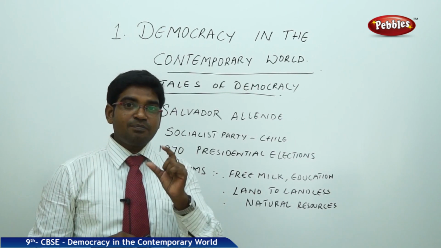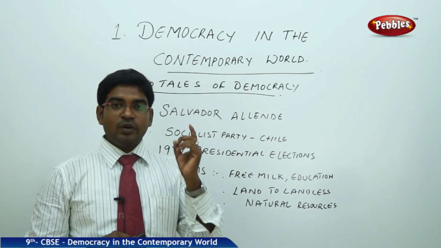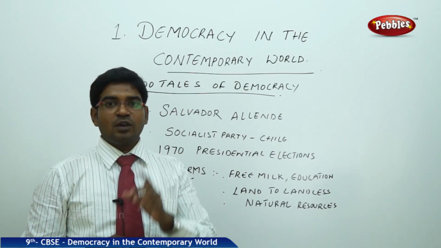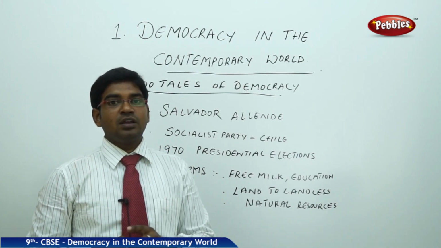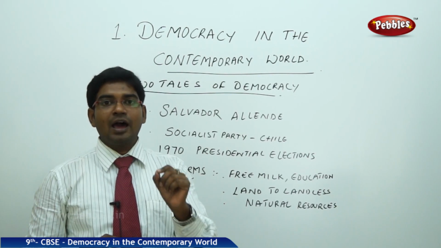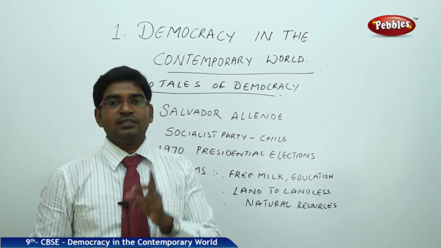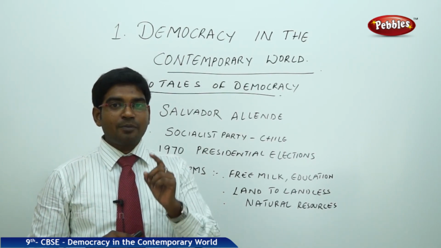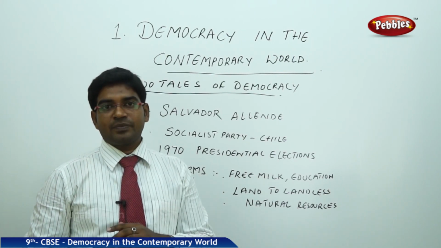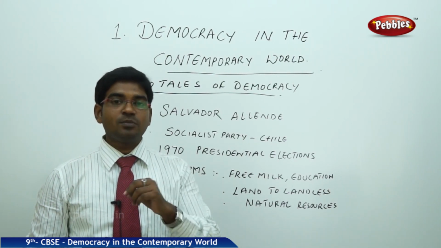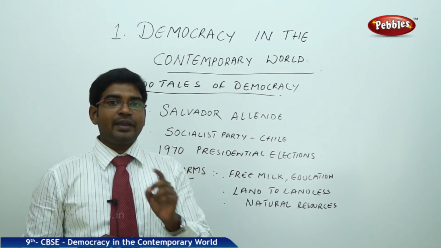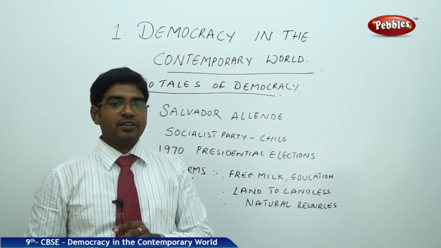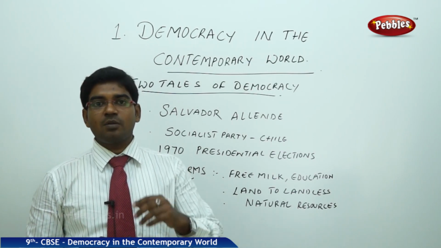But in practicality, when we talk about democracy, most of the population comes under poor people, but still the few rich people are always dominating. The few rich landlords present in Chile were angry with the reforms brought by Salvador Allende. Why were they angry? What was their problem?